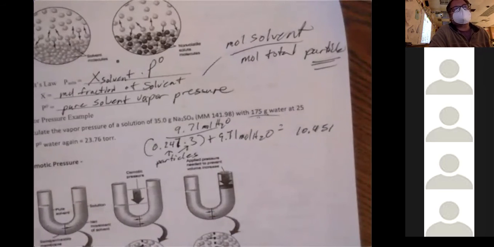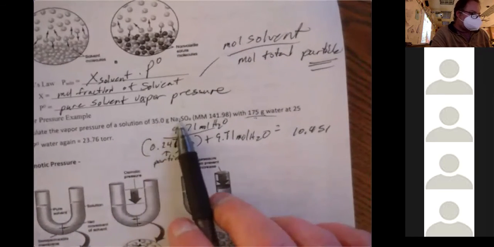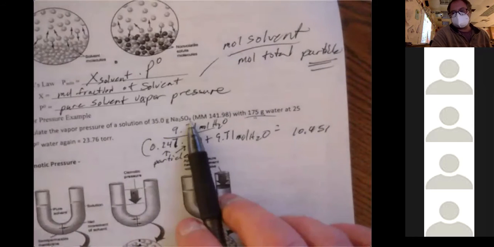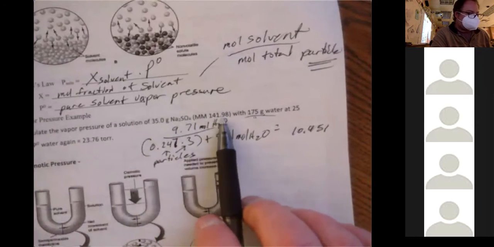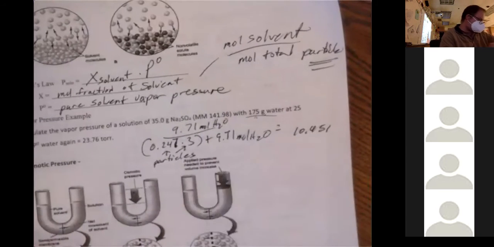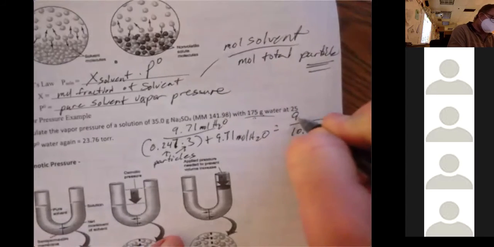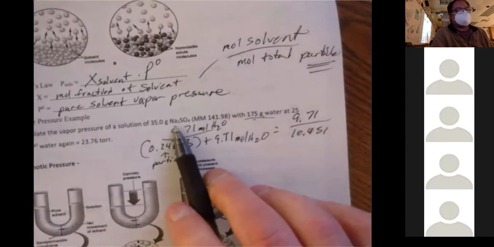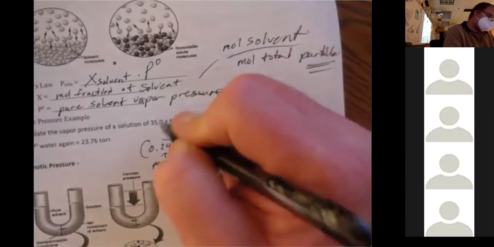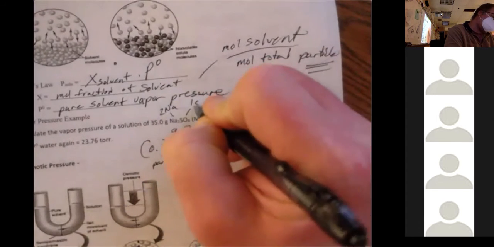Where did you get 0.247? That is the moles of sodium sulfate. So I took 35 divided by 141.98. Did you get 3 because there's 2 Na and the 1 SO4 would stick together? Yes, it's a polyatomic ion.